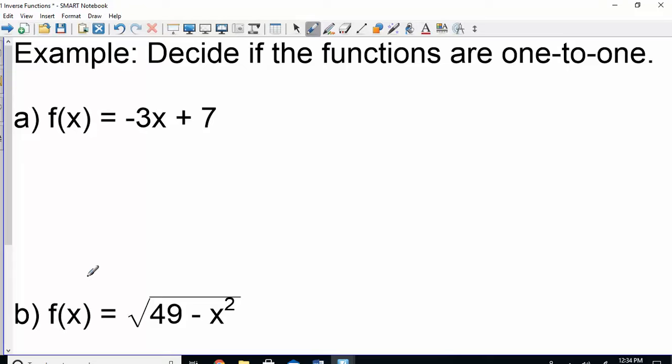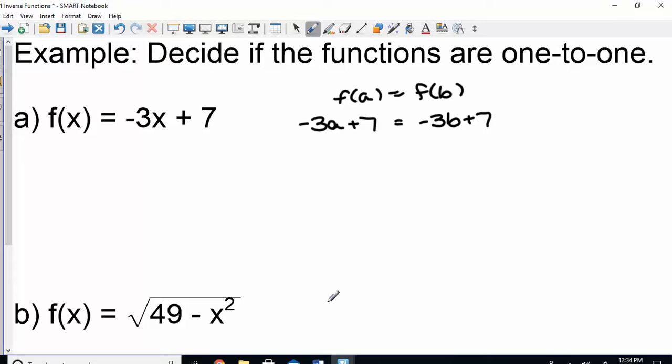If I want to decide if this is one-to-one, we're basically going to start out pretending it's not. So we're going to pretend we hit the same y value twice. We're going to say F of A equals F of B. F of A, if you plug an A into this, you get negative 3A plus 7. F of B, if you plug a B into this, you get negative 3B plus 7.